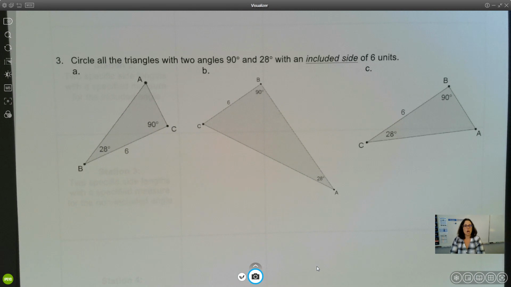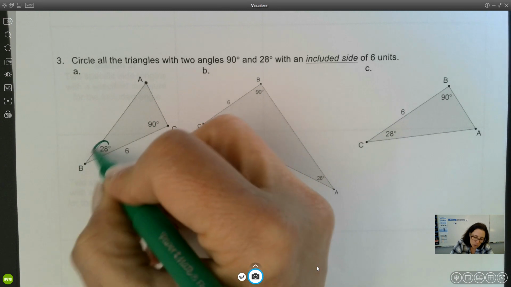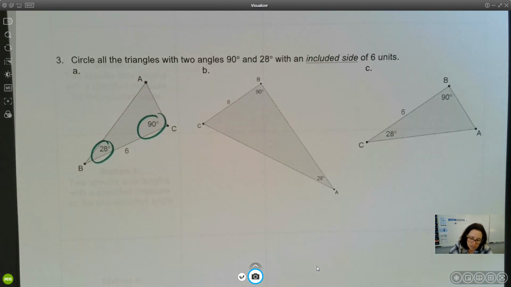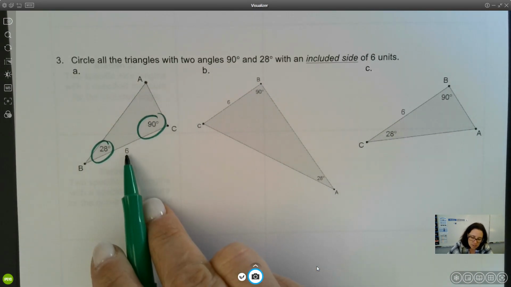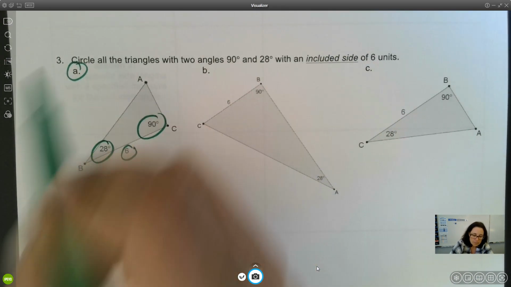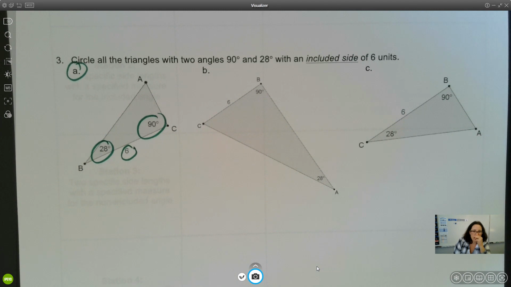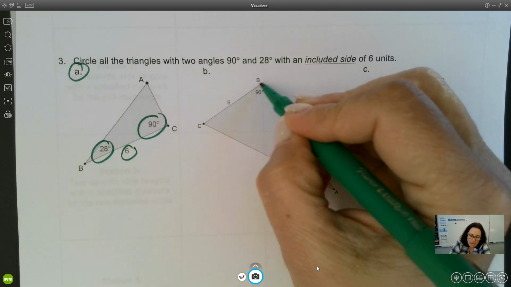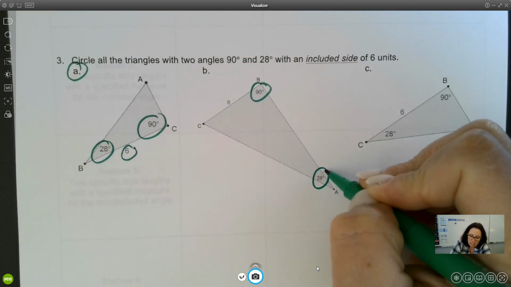All right, one more of these. Number 3, circle all the triangles with two angles, 90 degrees and 28 degrees, with an included side of 6 units. So we've got our 28 degrees and 90 degrees. Is 6 included between? Yes, it is. Letter B, we've got our 90 degree and our 28 degree.